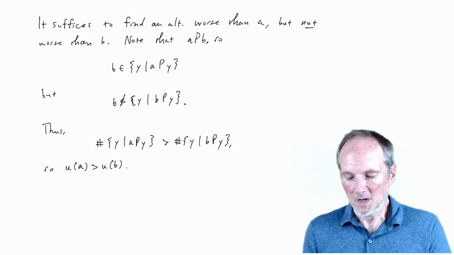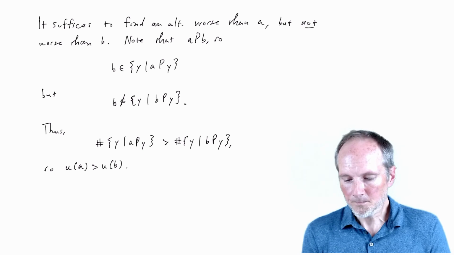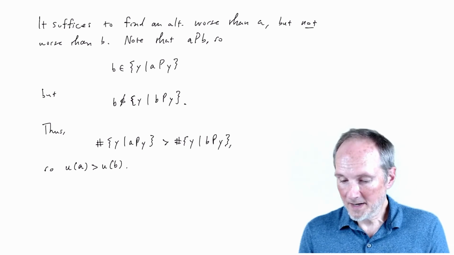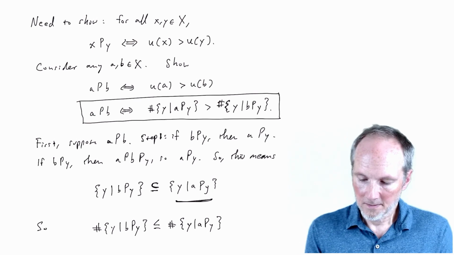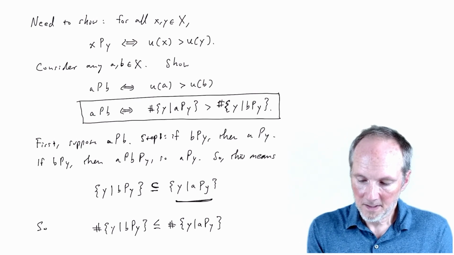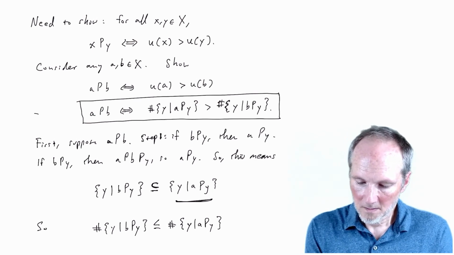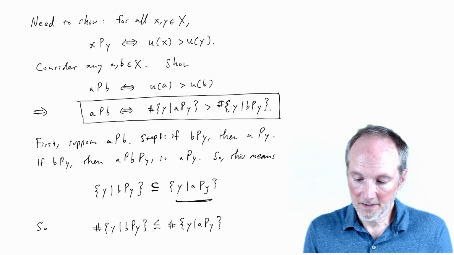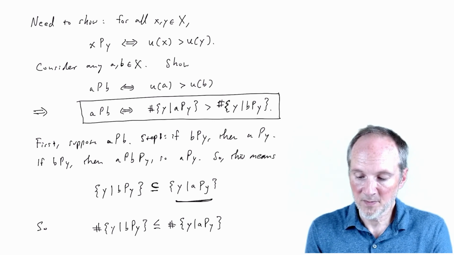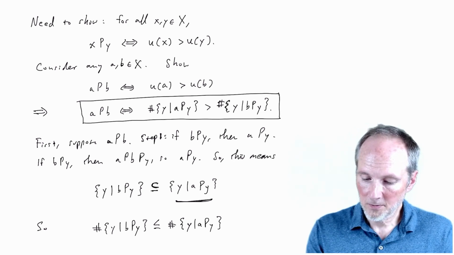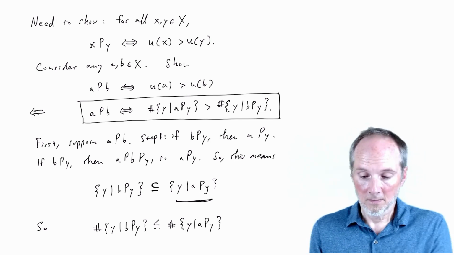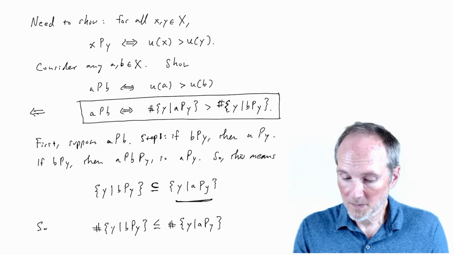All right, so but now we have to go back. Now we've done the left to right direction here, right? We show that if A is strictly preferred to B, then it has a higher number. Now we need to show the right to left, okay?